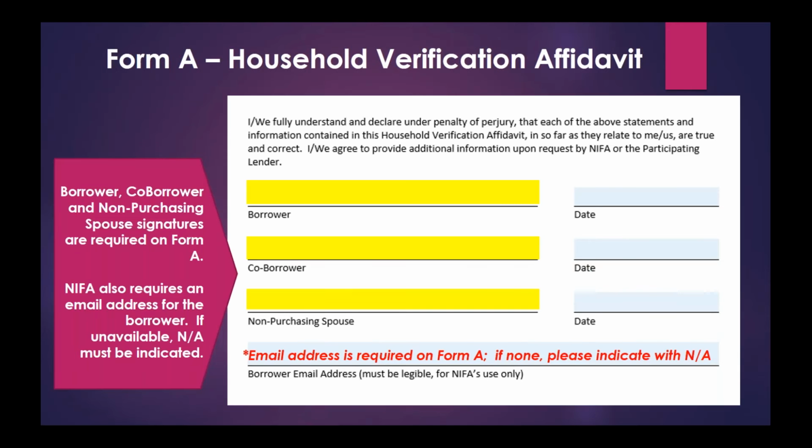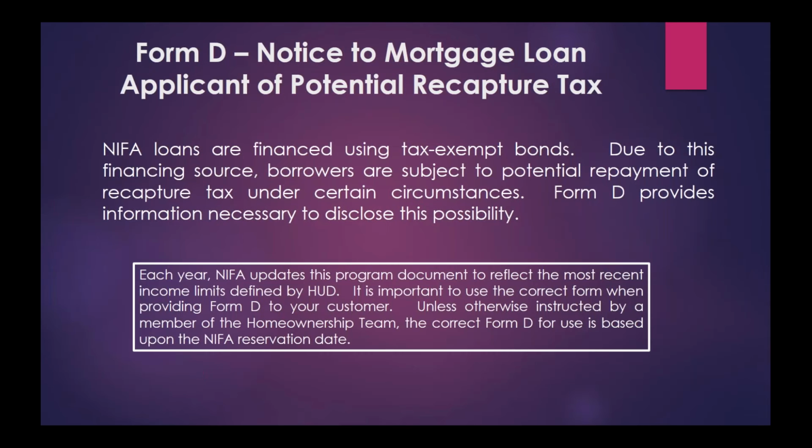And then the borrower, co-borrower, and non-purchasing spouse need to sign the form, but not the co-signer or the occupant. And we also need the email address to be legible. And if they don't have one, then that just needs to be indicated as well.